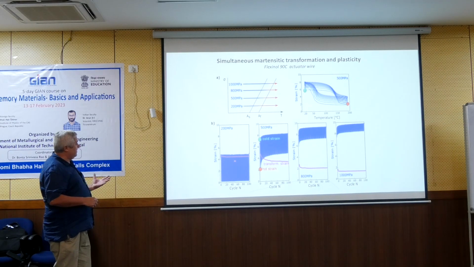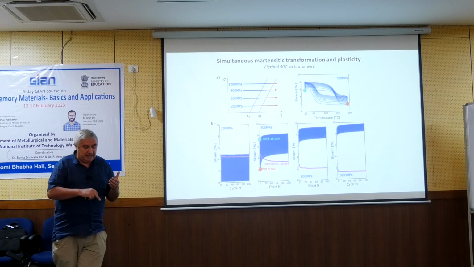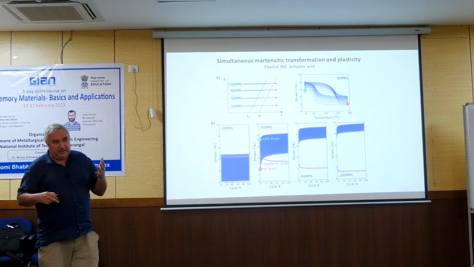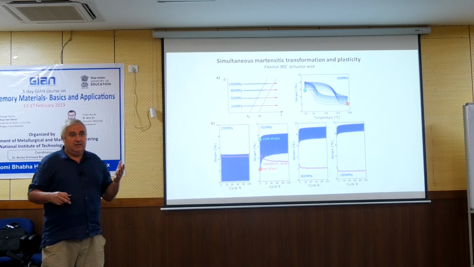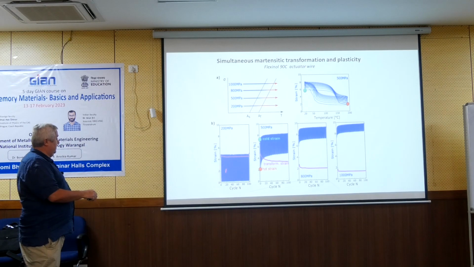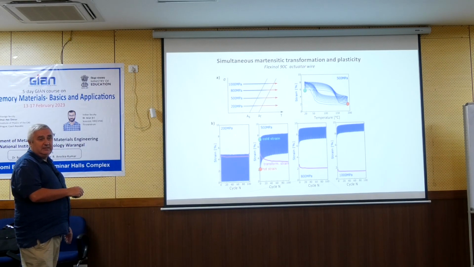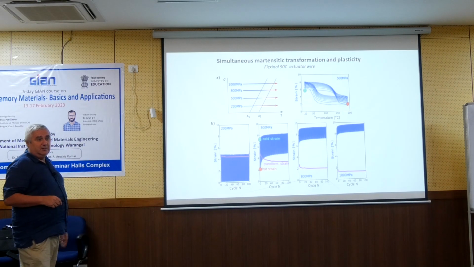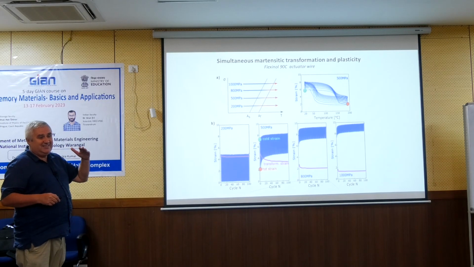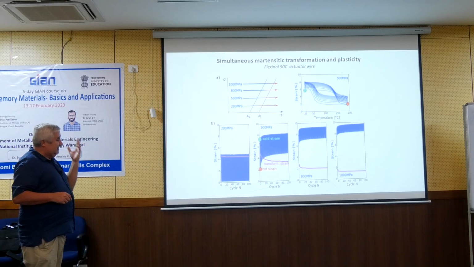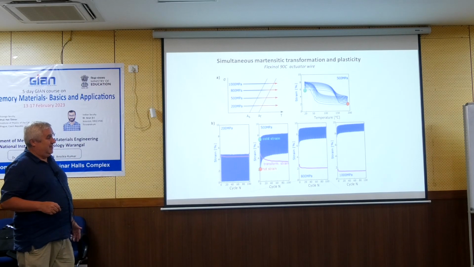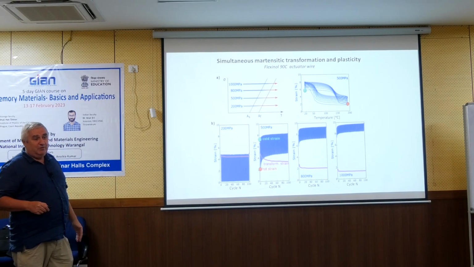So this is another magic of the nitinols: superelastic cycling only 10,000 cycles. Actuator cycling easily minimum a million cycles when you keep below 200, below some level of stress, and the magic is to know which kind of stress.